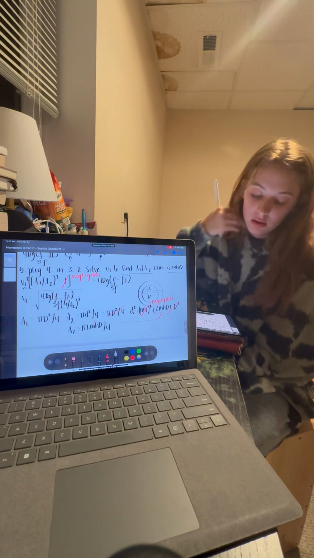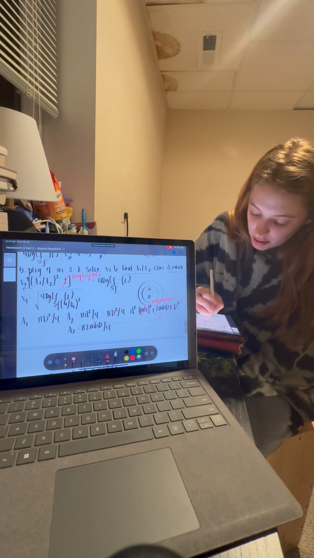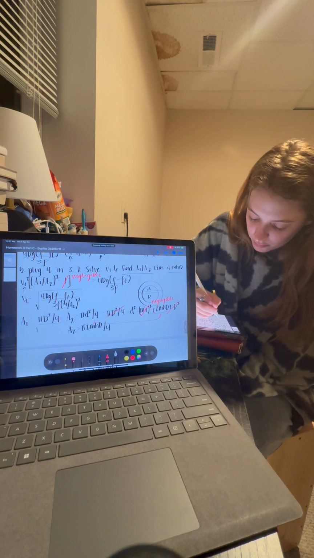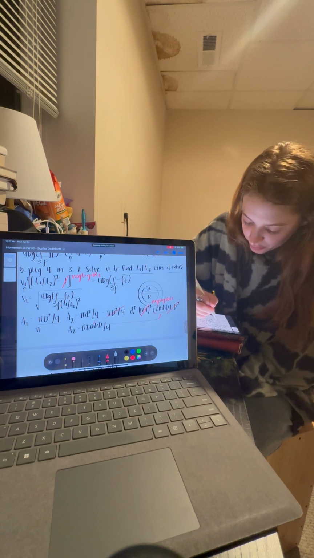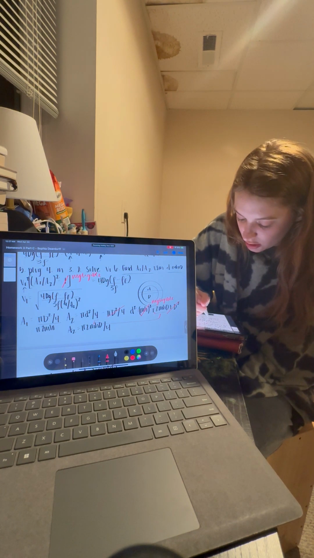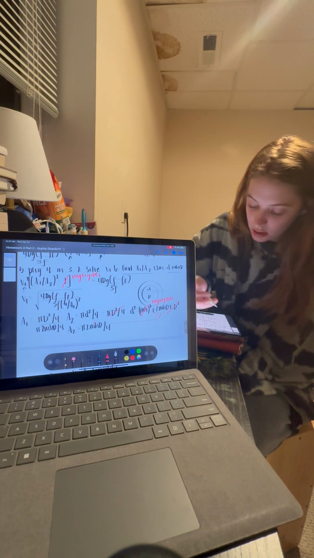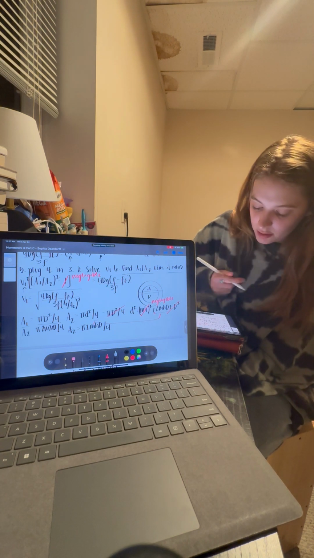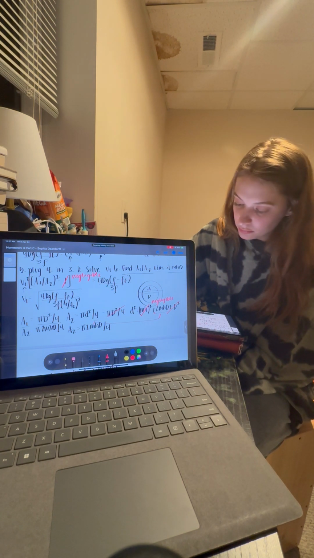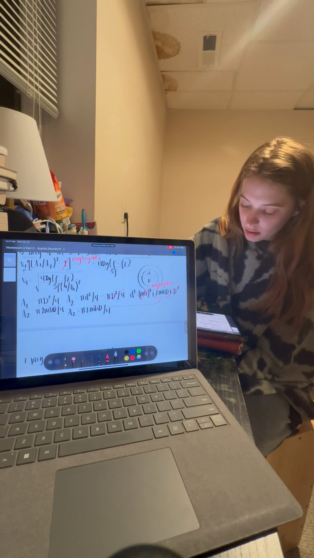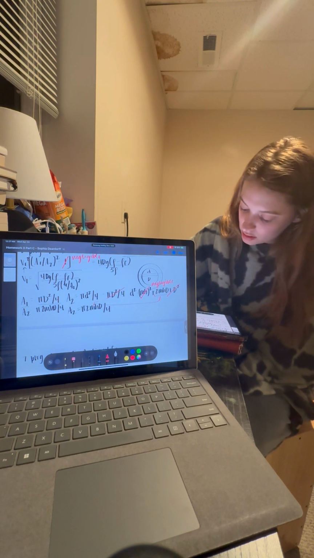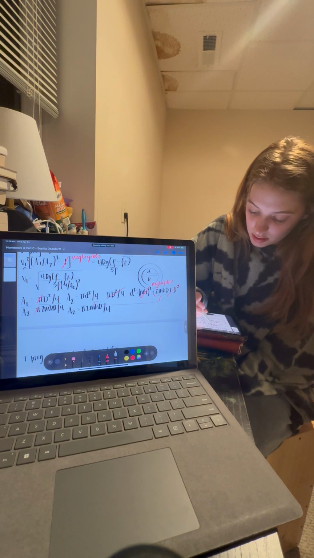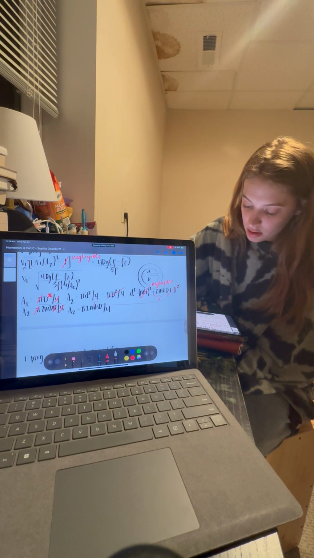So bringing this over here, this will represent A1 over A2. And then we can cancel pi's, this d, and then this exponent.